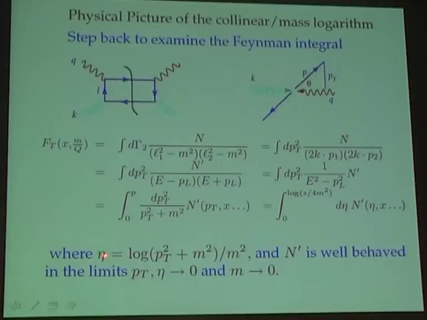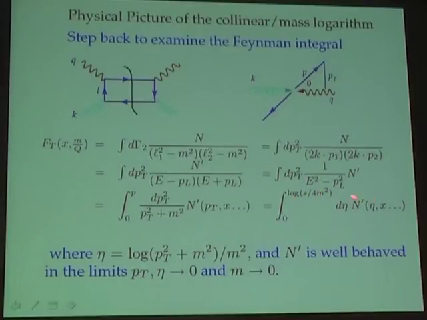That's a trivial thing to do, of course. So then you end up with the integral over eta, which is somewhat like a rapidity, actually, which has a range of integration from 0 to the end of the phase space, which is set by the overall center of mass energy, so logarithm of s.